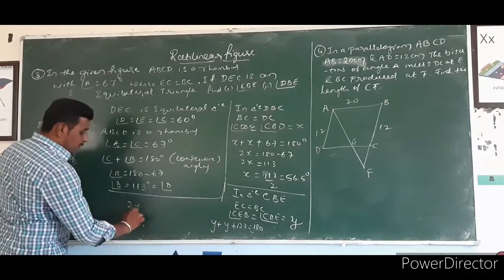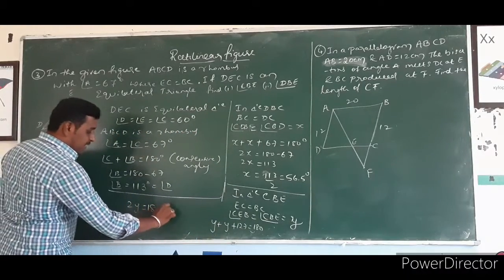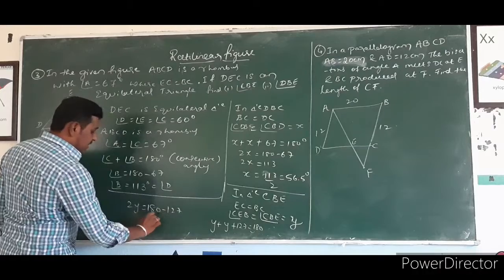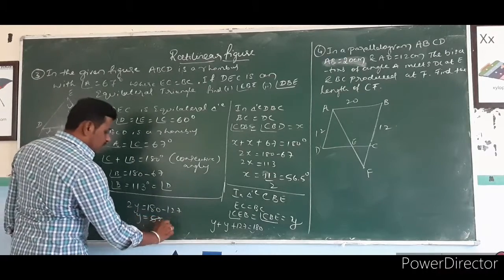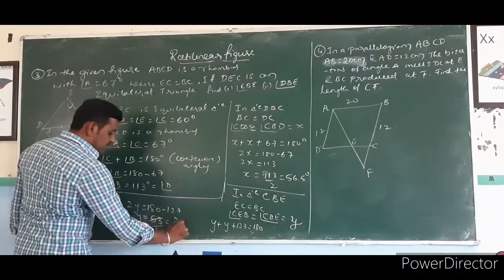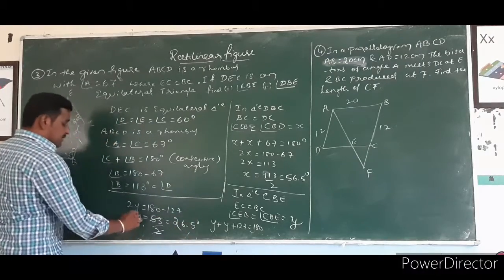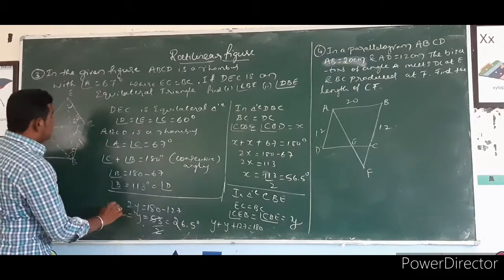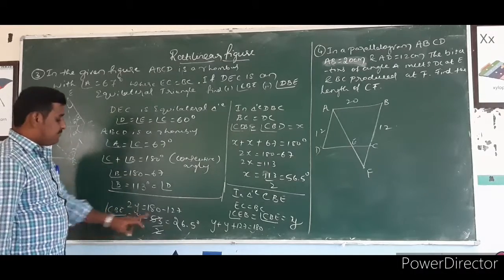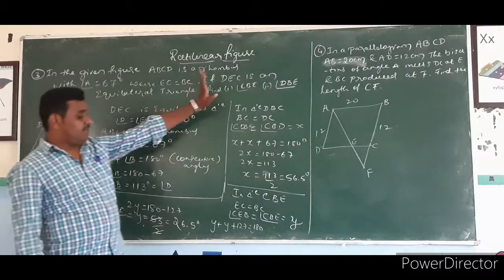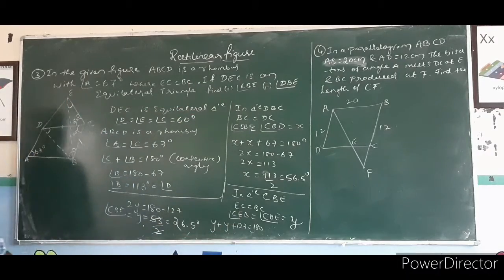So 2y is equal to 180 minus 127, that is 53. Divided by 2, y is 26.5, so angle CBE is 26.5. So we found CBE.